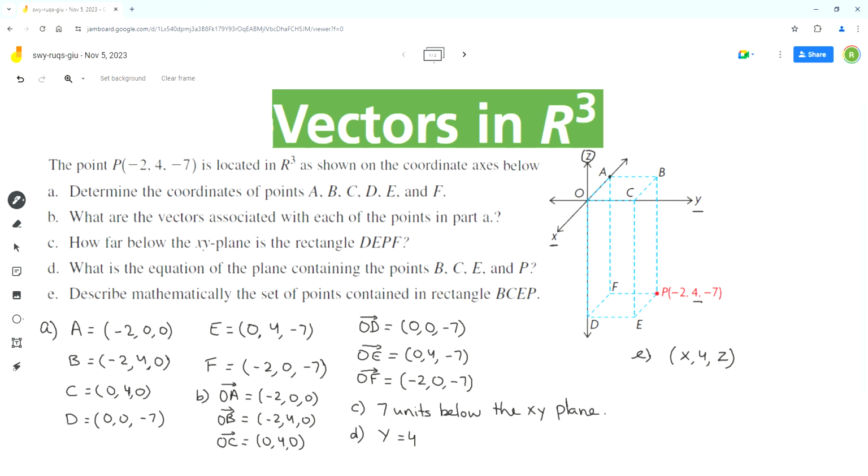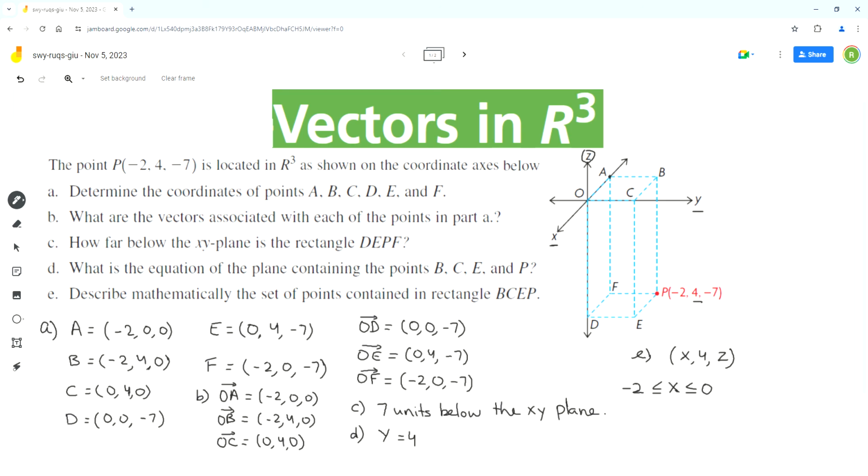Here x can be any value between 0 and -2 because the points have to lie in this rectangle BCEP, and along the x-axis this rectangle goes from C to B. At C the x value is 0 and at B the x value is -2. So x can be any number between -2 and 0, including -2 and 0.